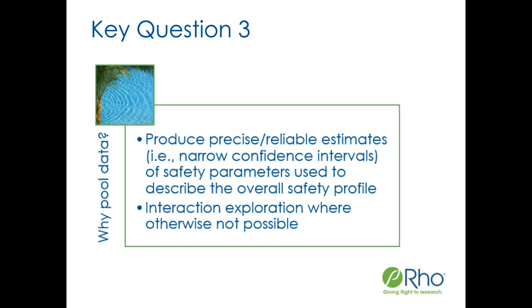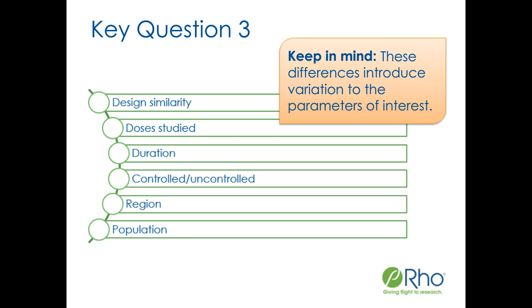So what are some factors to consider about pooling? The biggest thing is that there is variability across your studies, and the more differences you see across your studies, the more variation in your parameters it's going to impose. So you have to look at the design similarity. Are your designs similar? Did they have similar visits? Did they have similar visit windows? Were the doses similar? Did you follow the subjects up for the same duration?